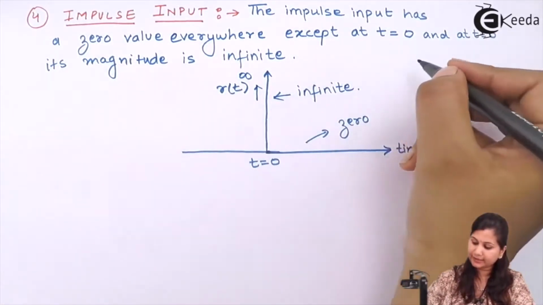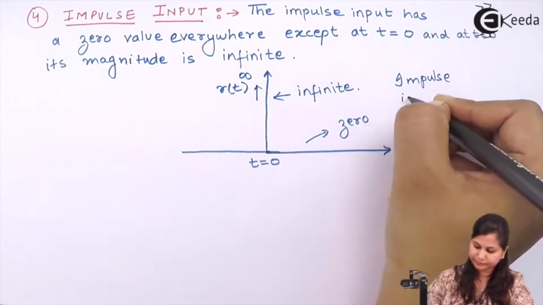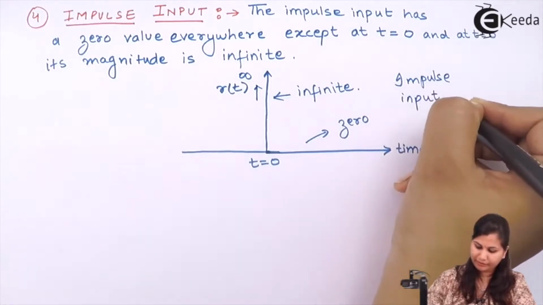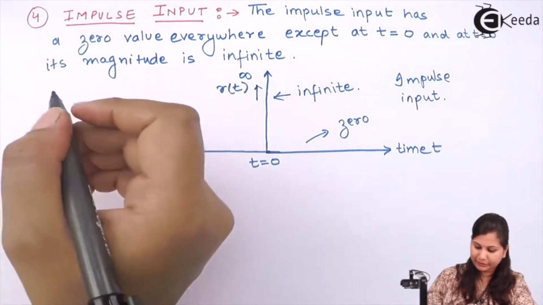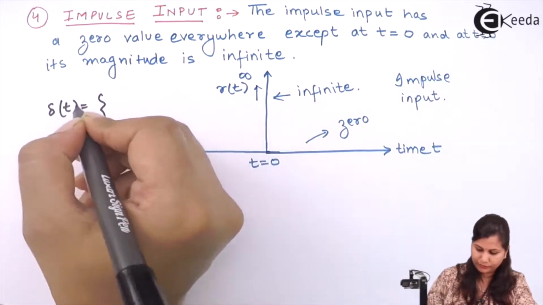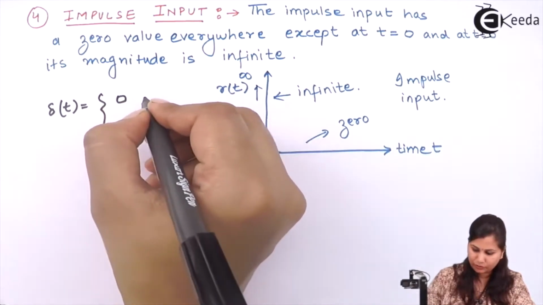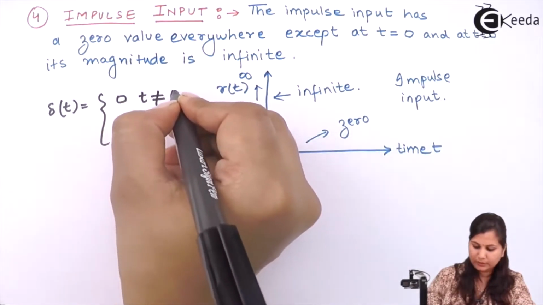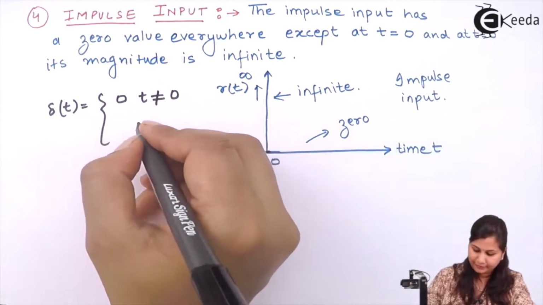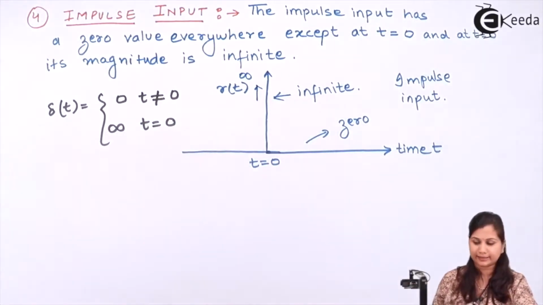So this is an impulse input. Now if we mathematically represent it, it will be del t, which is the representation of the impulse input. It is 0 for t not equal to 0, and when t is equal to 0, it is infinite.